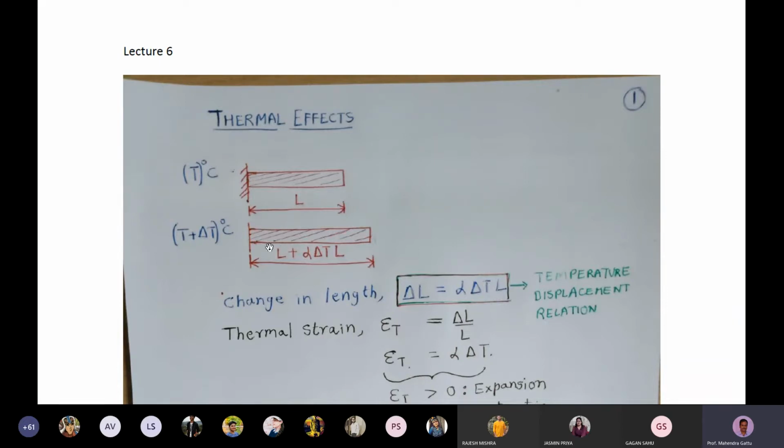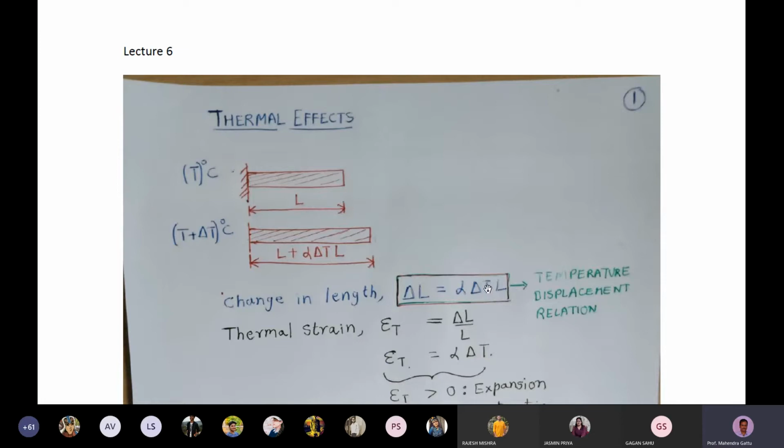The expansion of the bar is given as alpha delta T L. So the expansion is directly proportional to the increase in temperature, and also proportional to the initial length. Here the change in length delta L is alpha delta T L. This relation is also called the temperature displacement relation.